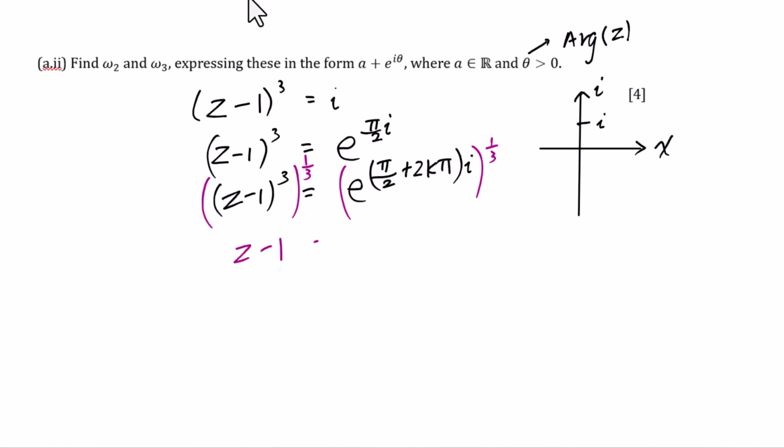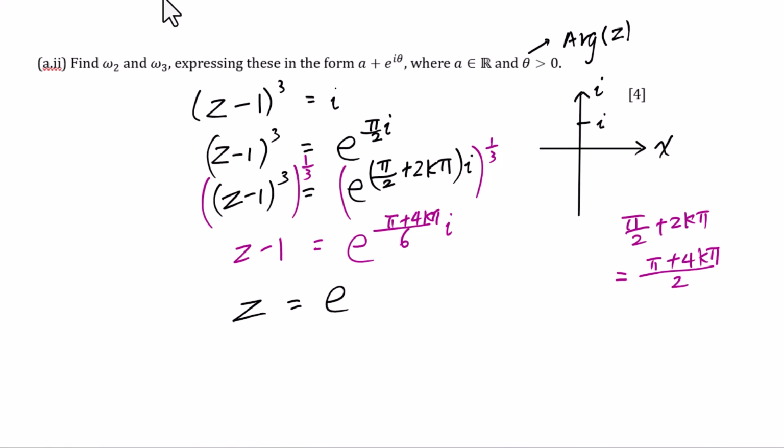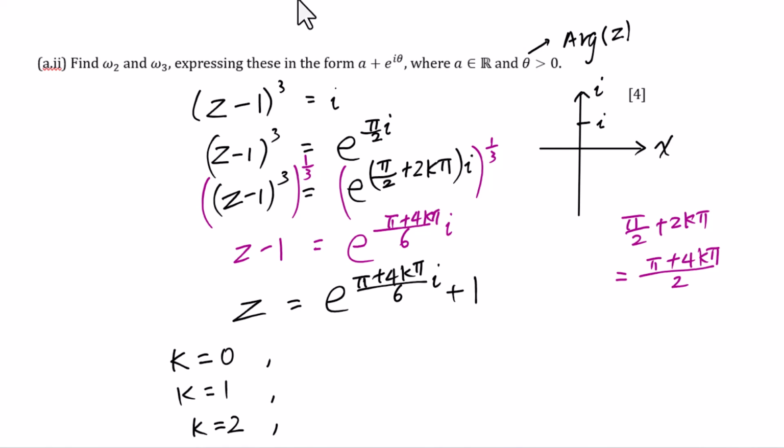We get z - 1 equals e to the power of i times (π/2 + 2kπ) over 3. Getting the same denominator, that is (π + 4kπ) over 2, then times 1/3, we get e^(i(π + 4kπ)/6). Then z = e^(i(π + 4kπ)/6) + 1. Since n equals 3, we get k = 0, k = 1, and k = 2. So omega 1 = e^(iπ/6) + 1.